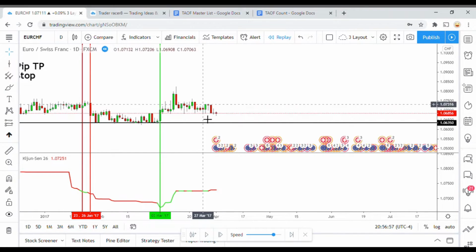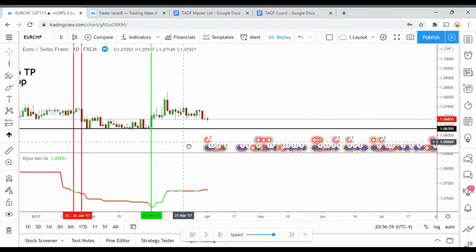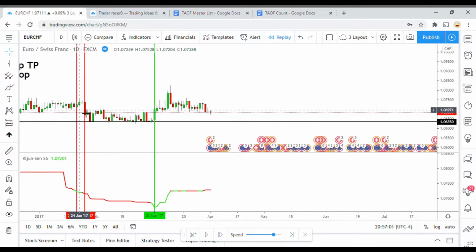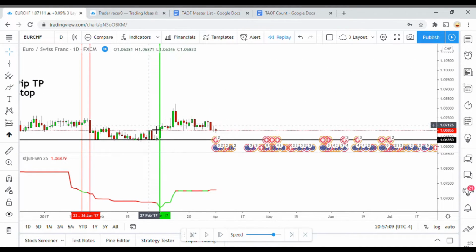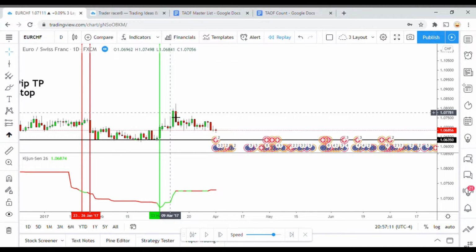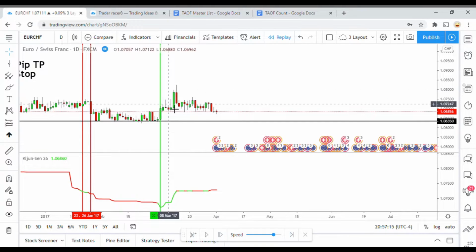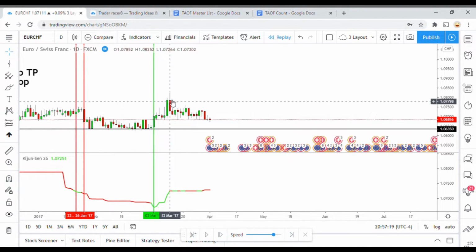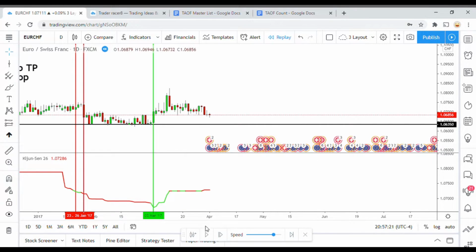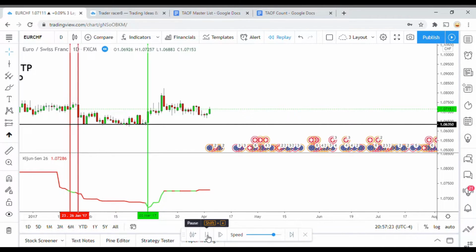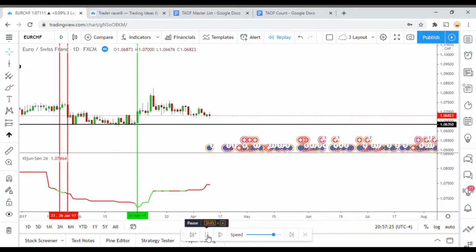And then it came down and is now just stalled out and is slowly trickling its way back down. So you would think that since it came down and bounced off this area multiple times, that once it broke out, this thing was definitely headed upwards and going to take off in a big, strong, solid move. But you can see here that that was not the case.